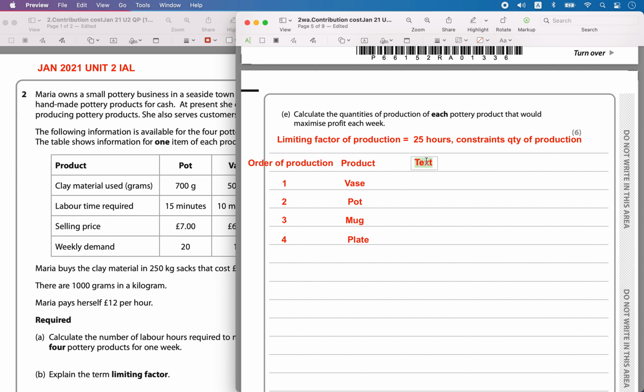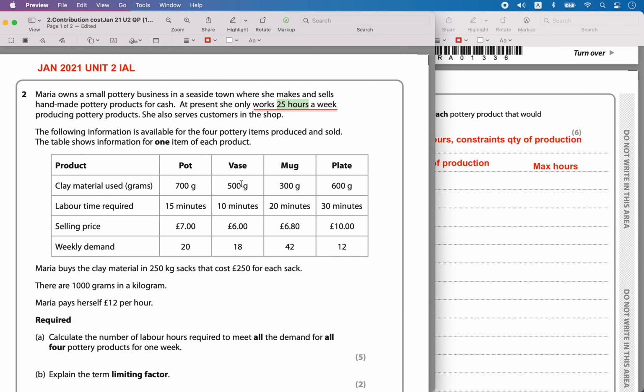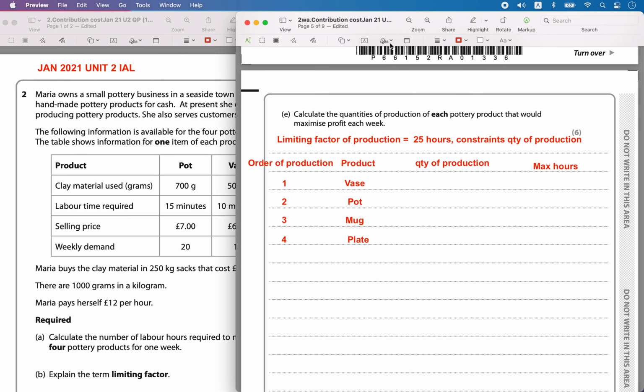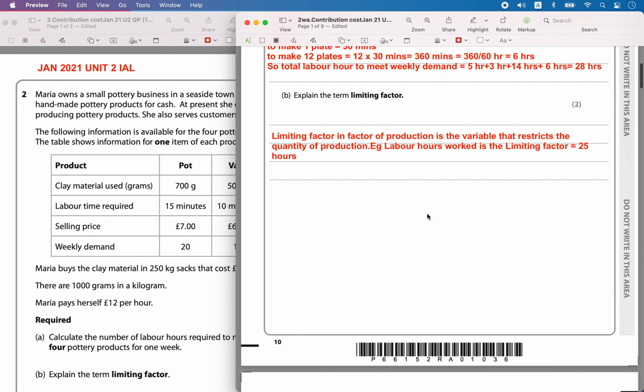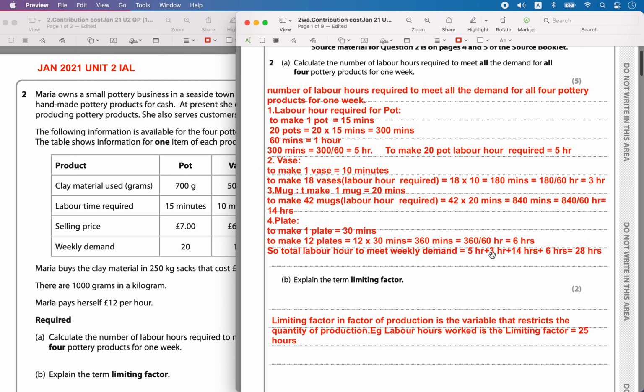So now let's find out. First, what is the quantity of production? The priority is first, and we have the max hours here. The quantity of production for the vase: the max amount of time required for the vase we had calculated in the first portion.